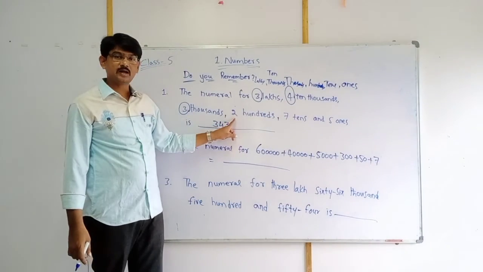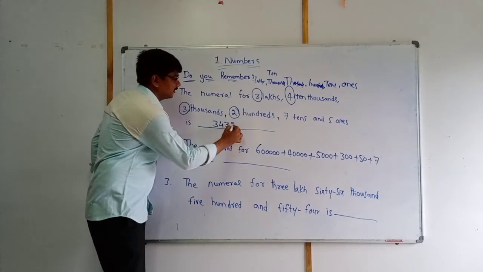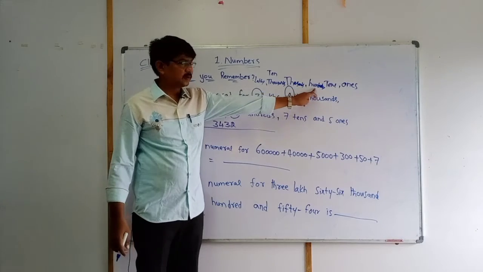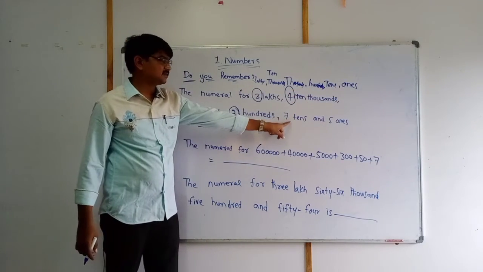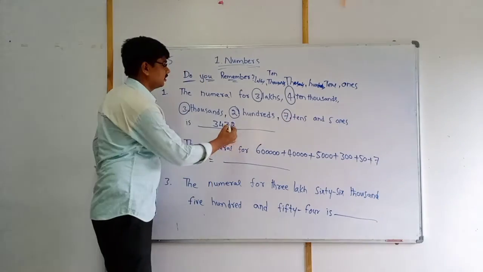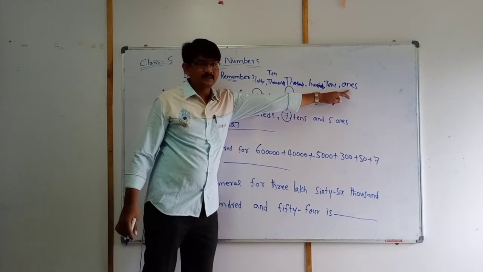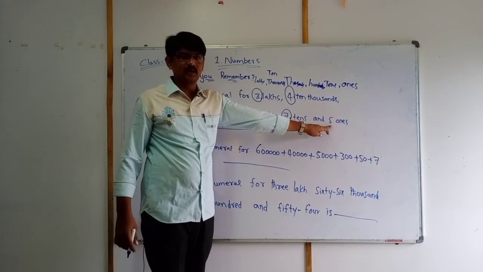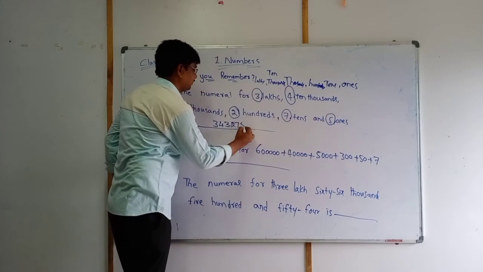What is the number at the hundreds place? 2. So write 2 here. Next, after hundreds comes tens. How many tens are here? 7. So 7. Finally, the ones place. What is the value at the ones place? 5. So 5.